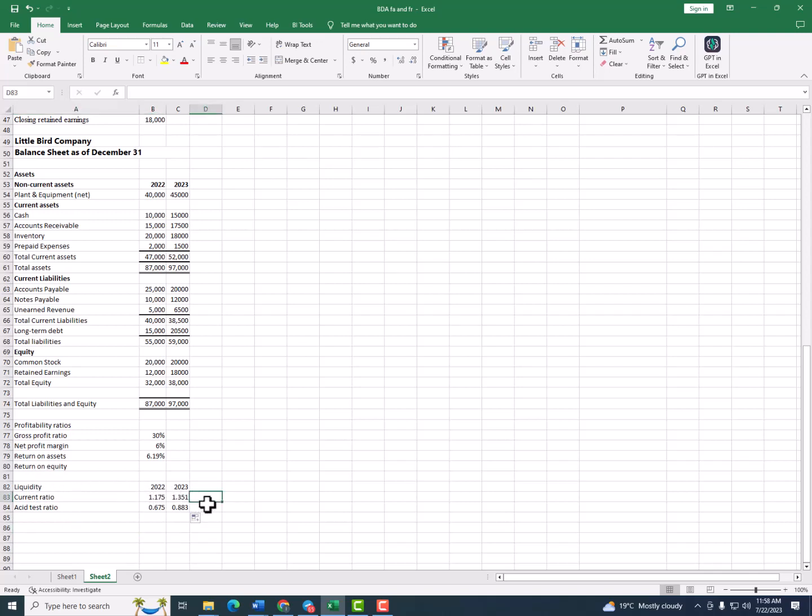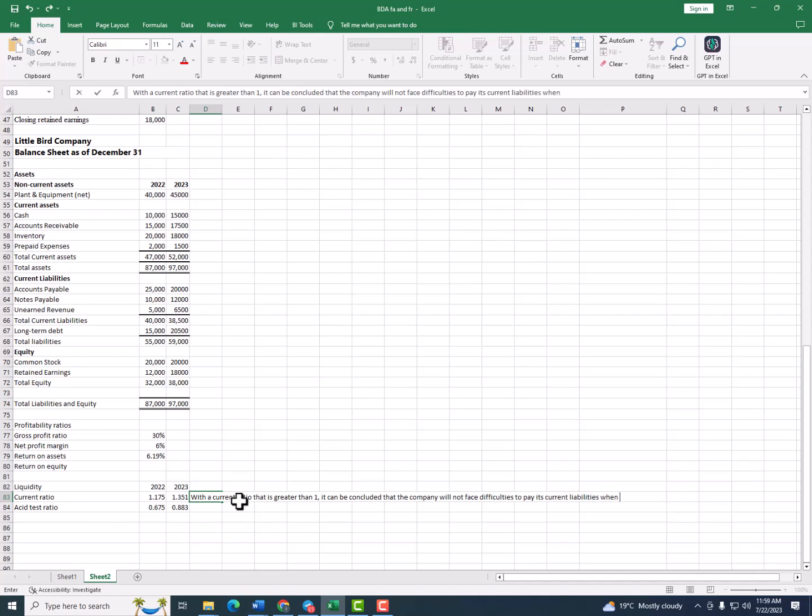We can say, with the current ratio, let us type it down: with the current ratio that is greater than 1, it can be concluded that the company will not face difficulties to pay its current liabilities when they fall due.